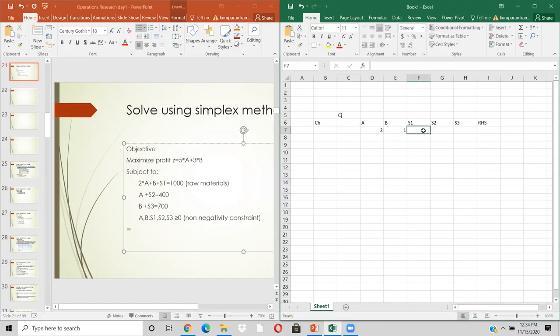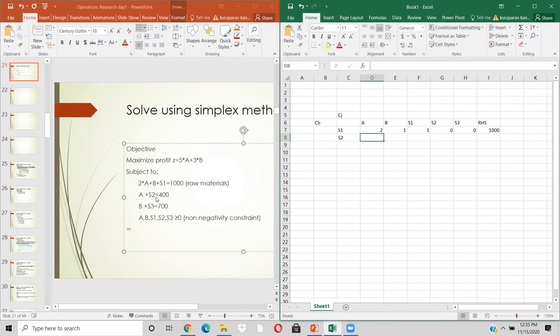How many S1s? 1. How many S2s? 0. How many S3s? 0. What is meant by RHS? The right hand side value of the constraint, that's 1000. Here the basic variable is S1, so write S1 here. Next to this, S2.